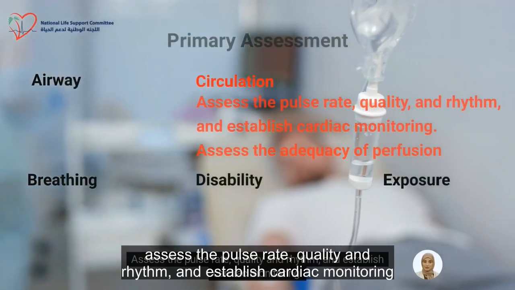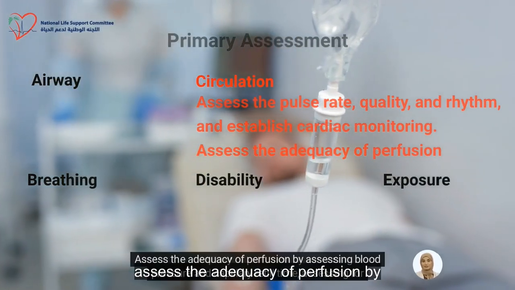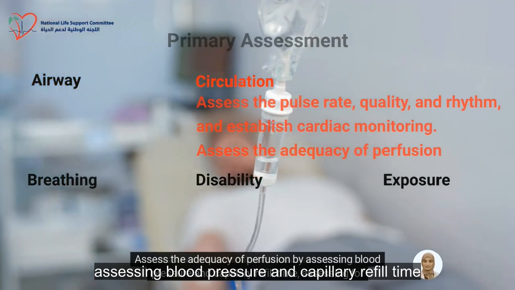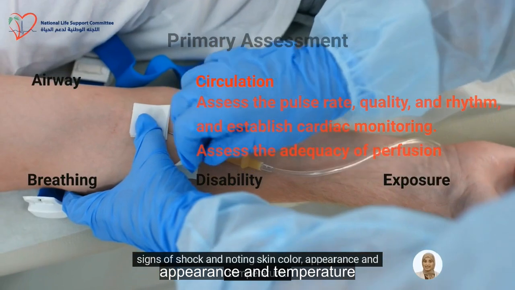Assess the pulse rate, quality, and rhythm, and establish cardiac monitoring. Assess the adequacy of perfusion by assessing blood pressure and capillary refill time, assessing for signs of shock and noting skin color, appearance, and temperature.